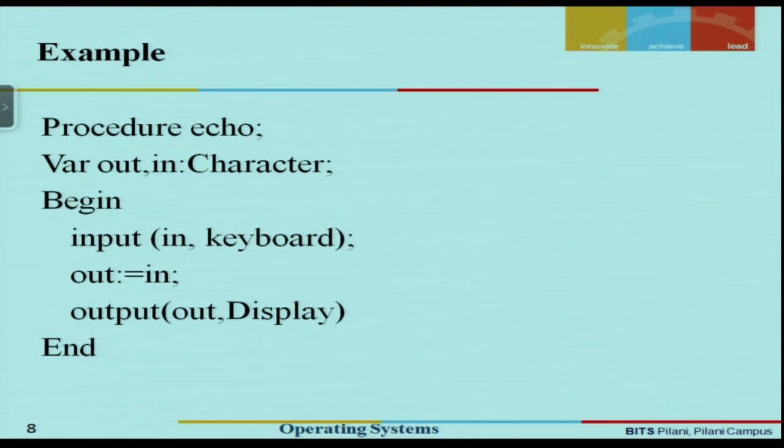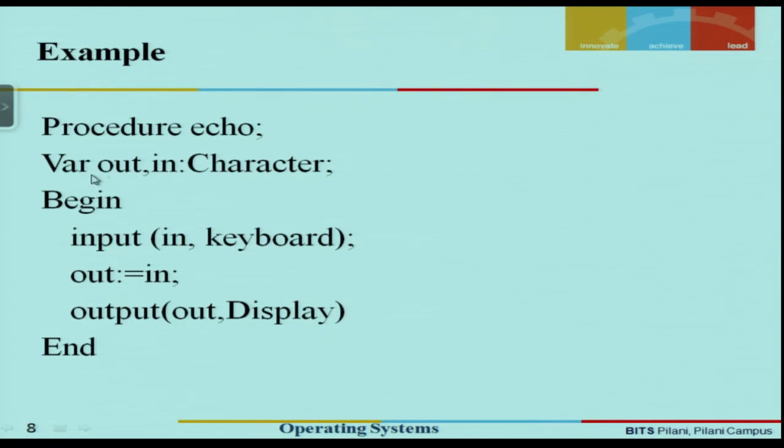This procedure echo takes input from the keyboard and displays it on the screen. This is a common thing: whenever you press a key, the pressed key gets displayed onto the screen. So this is a function representing the task of taking the input from the keyboard and displaying it onto the screen.